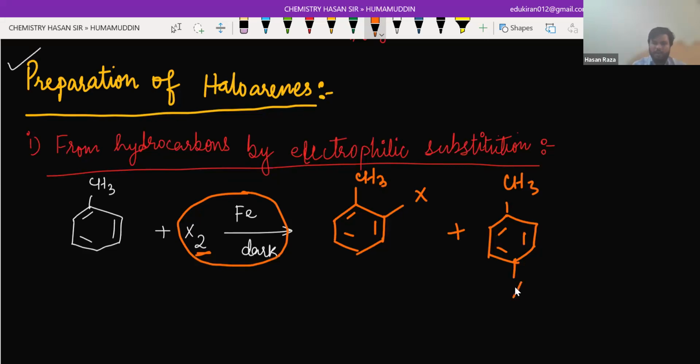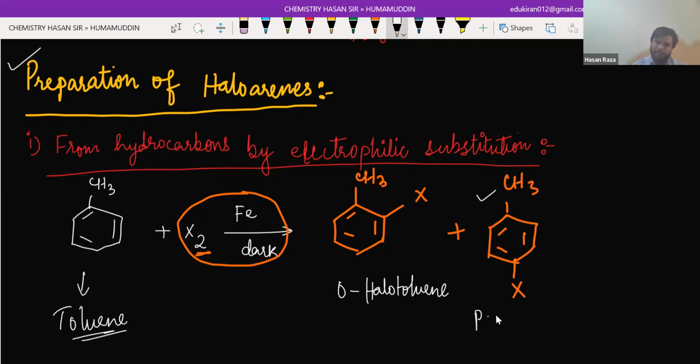So there are two products that we are getting. This is your toluene. So we call it ortho halo toluene, and we call it para halo toluene.